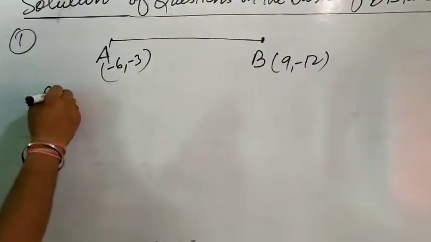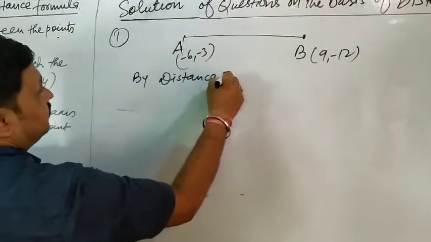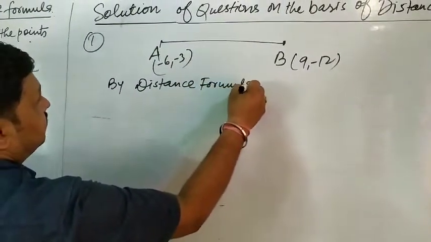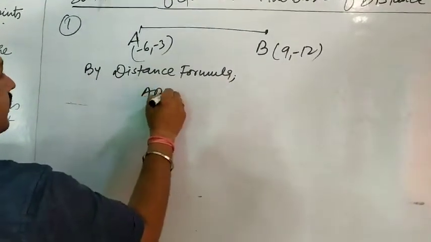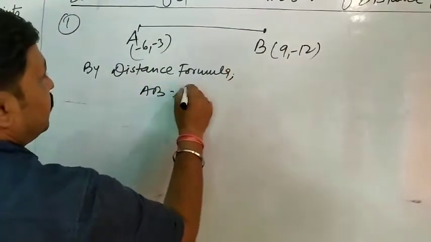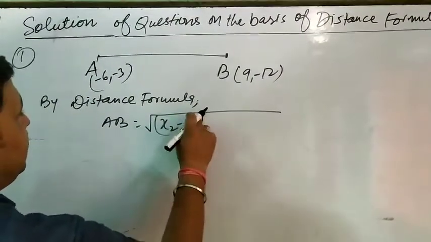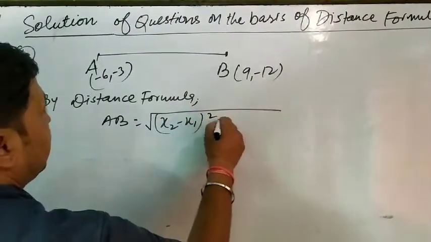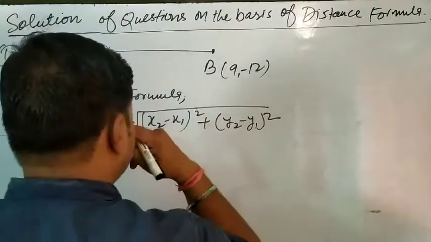By distance formula, AB equals root under x2 minus x1 the whole square plus y2 minus y1 the whole square.